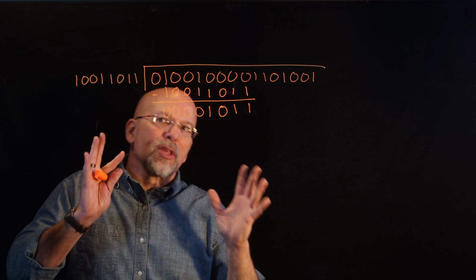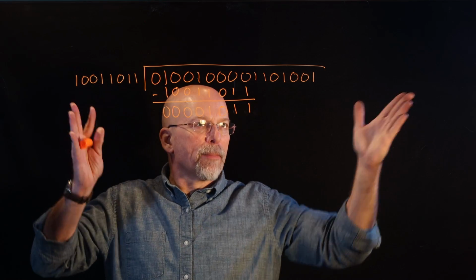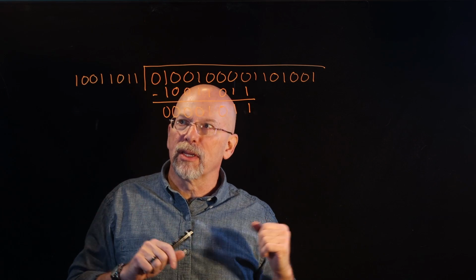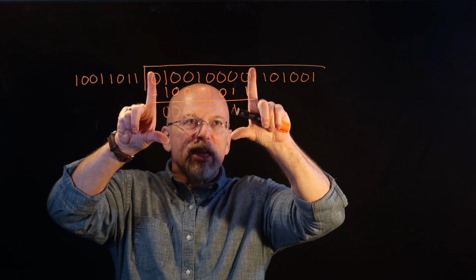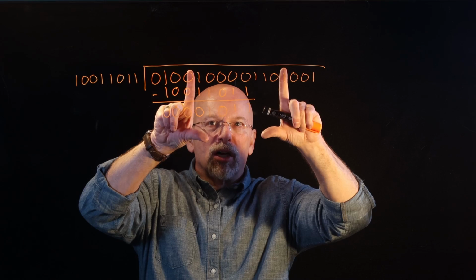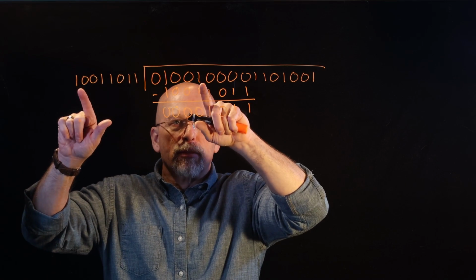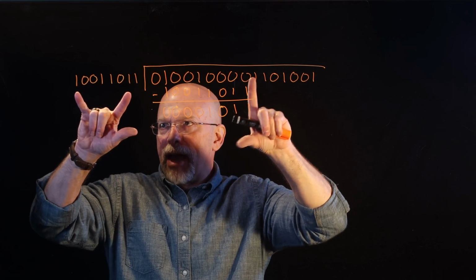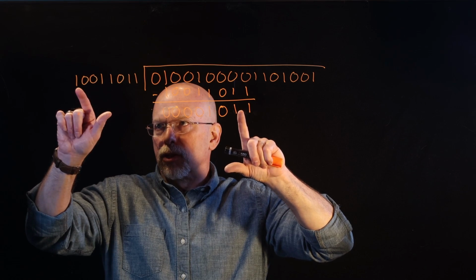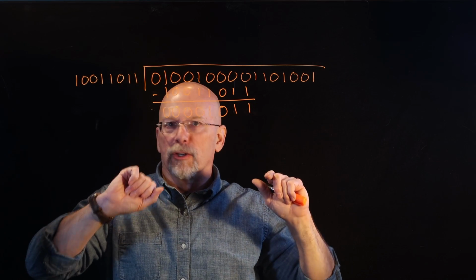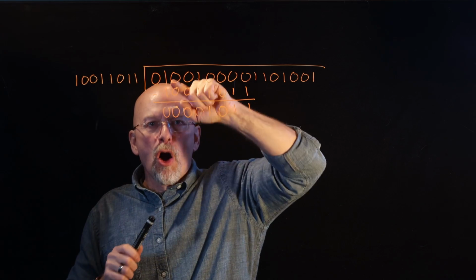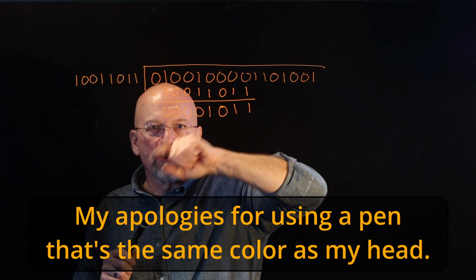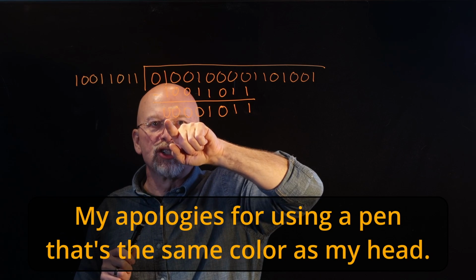And this makes it so that instead of requiring the whole number to be in a register of the processor before I start doing the division, all I need is a window that slides along until I have a 1 in the most significant bit position that matches the 1 in the most significant bit position of the divisor. Notice that whenever I do that, the result in this most significant bit position is always a 0.